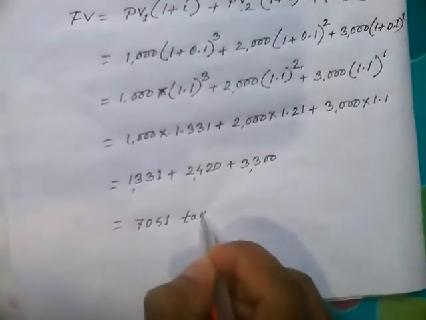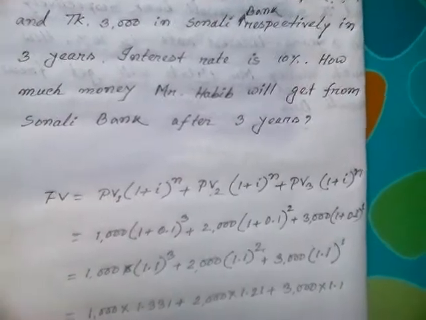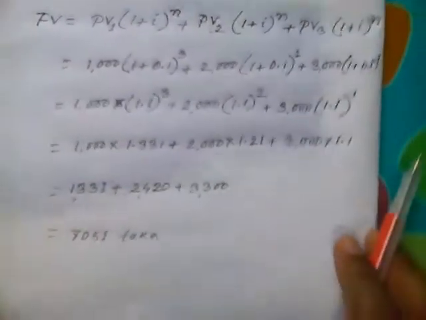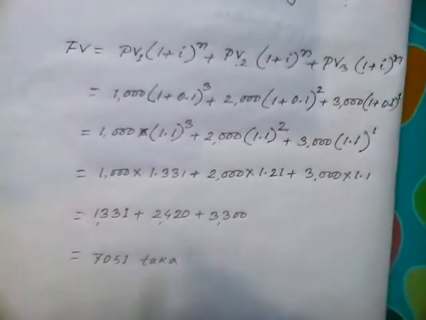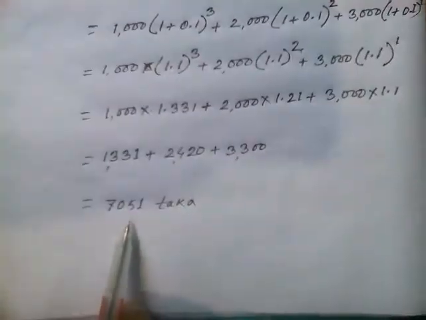If Mr. Habib deposits taka 1000 in the first year, then taka 2000 in the second year, and taka 3000 in the third year, and after 3 years he withdraws the total amount, then he will get taka 7051.